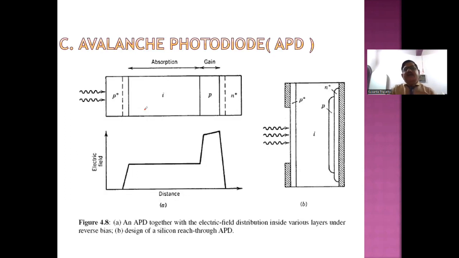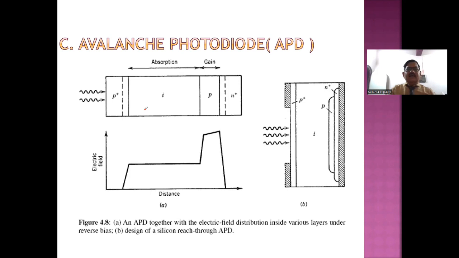Similarly, is there any structure in the case of a semiconductor diode, based on the internal photoelectric effect, which will act similar to this photomultiplier? The answer is yes. The structure is what is called the avalanche photodiode.